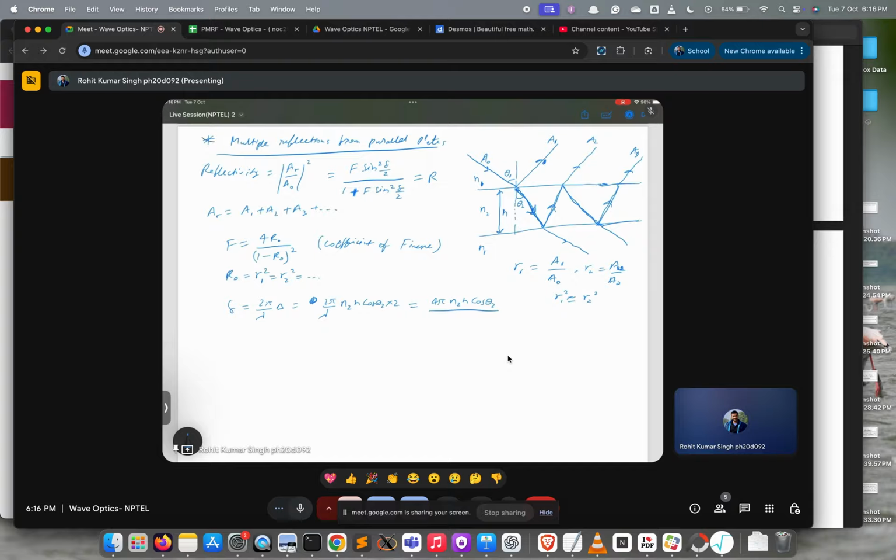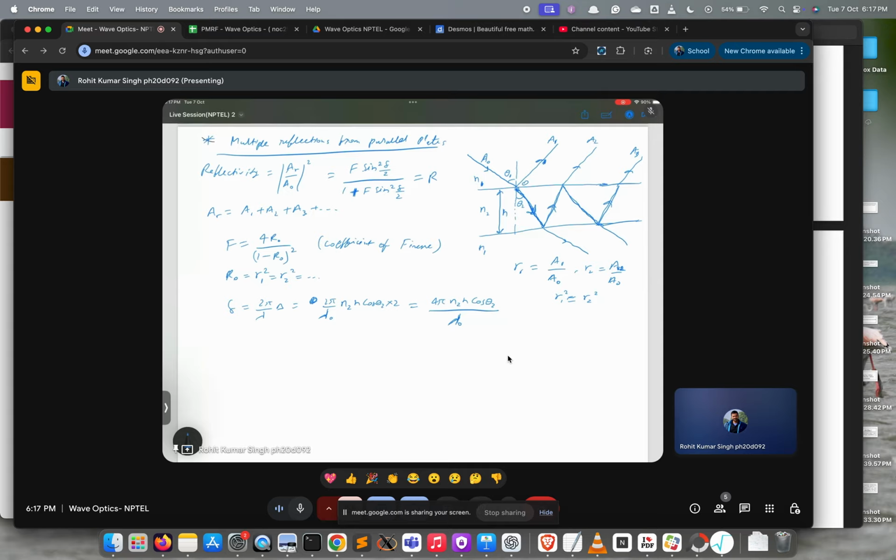So, lambda naught is the wavelength of the light in air or in vacuum, basically. Okay, so the path difference here, let me label it.